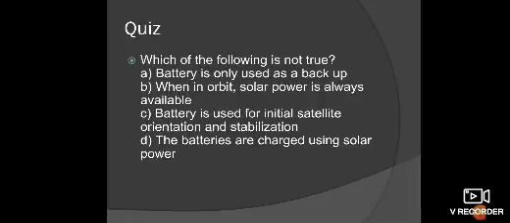C: the battery is used for initial satellite orientation and stabilization. And D: the batteries are charged using solar power. In these statements, what is the false statement? Not true means it is nothing but a false statement. So please note this question.